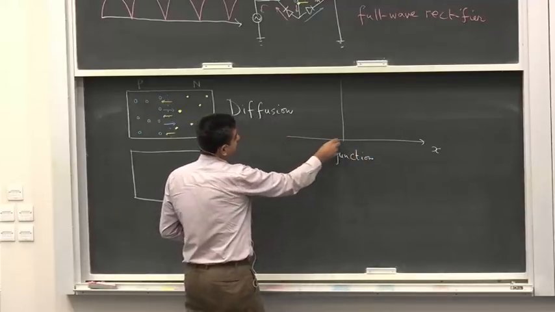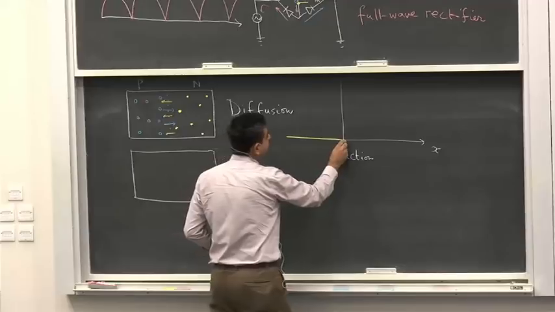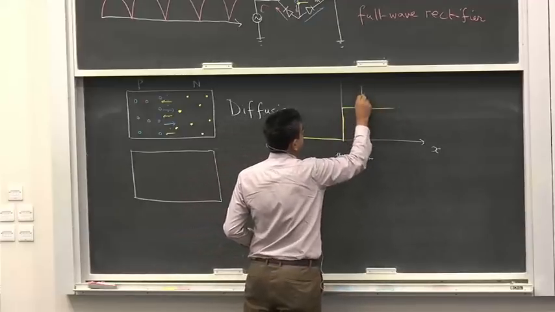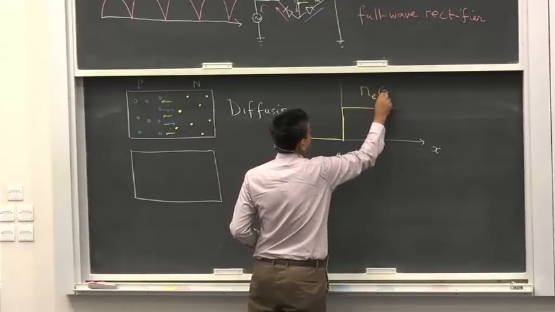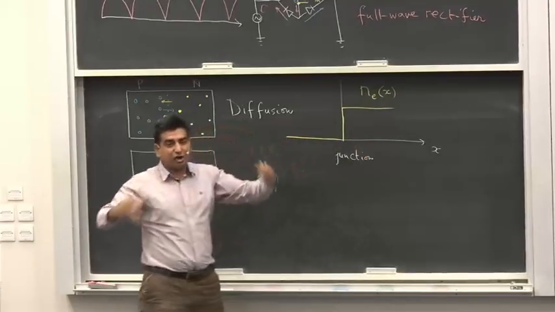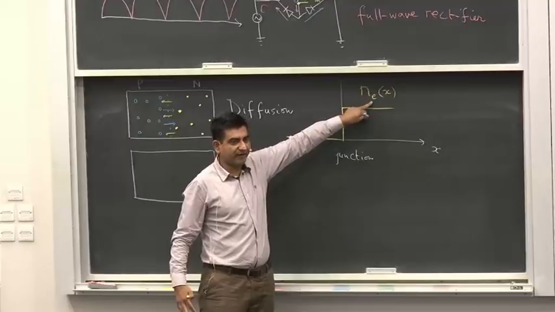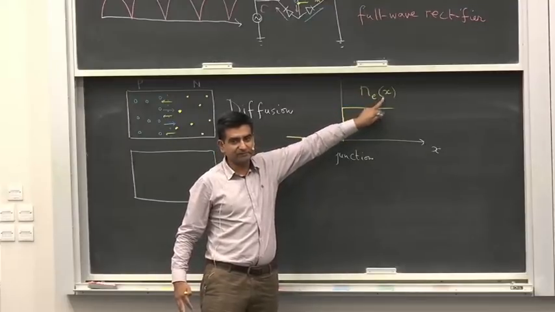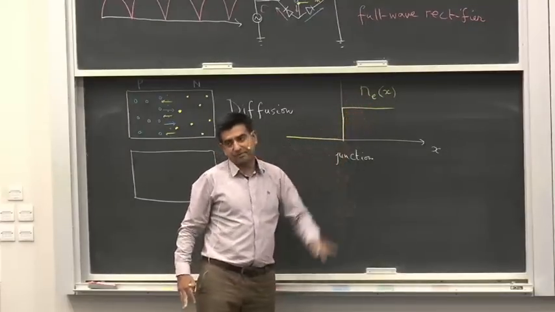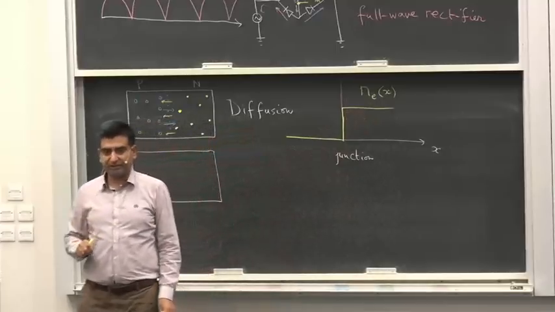Just before the junction is formed, I have a concentration gradient of electrons which is like a step function. This is the concentration or density of electrons as a function of x, and this is a sharp step before the junction is made.